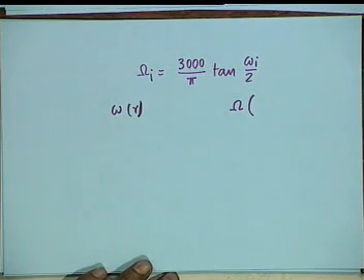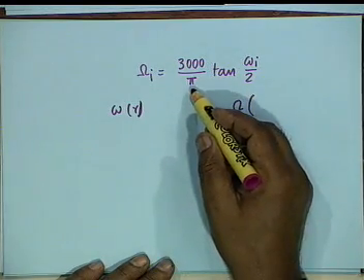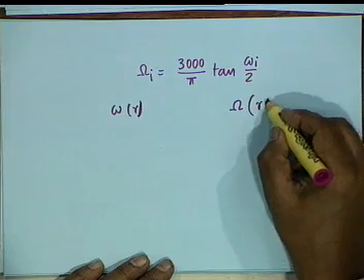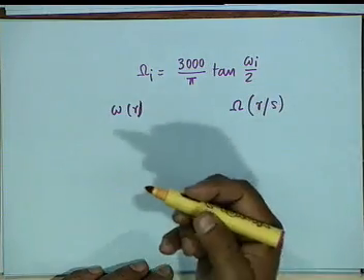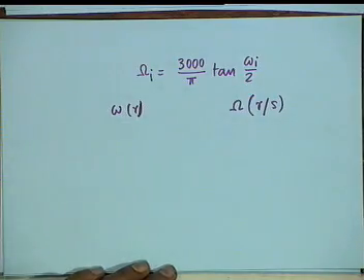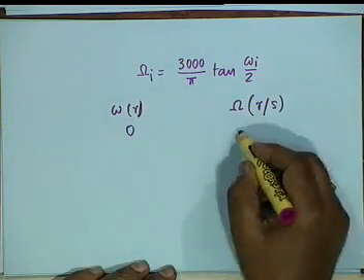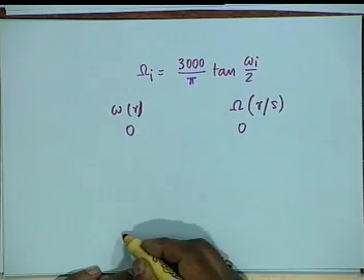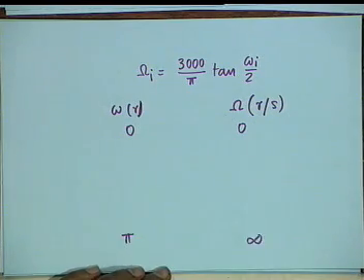Capital omega must be in radians per second, because there was a capital T here. So, radians per second. I have to calculate the critical frequencies. 0 of course goes as 0 and pi goes as infinity. Without any calculation I can see this, okay.